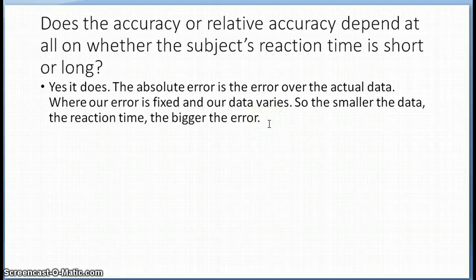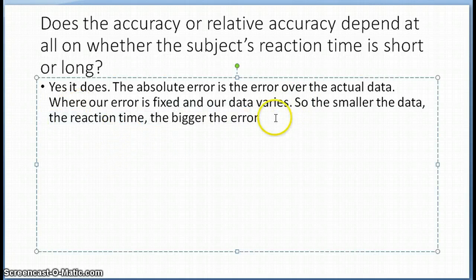Our error is a fixed value and our data, the mean, varies from person to person in each d value. So the smaller the data is, the reaction time, the bigger the error will be. So it does depend on whether the reaction time is short or long. The longer it is, the more accurate the result will be.